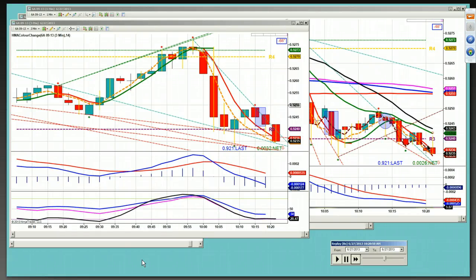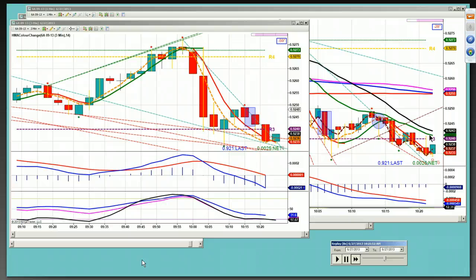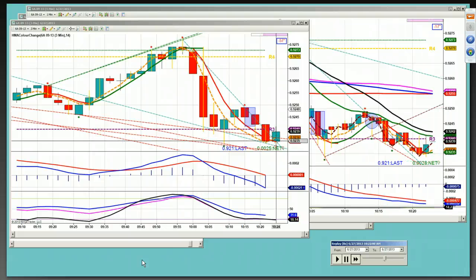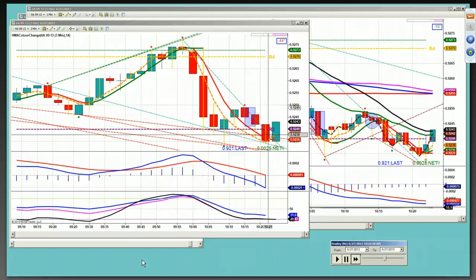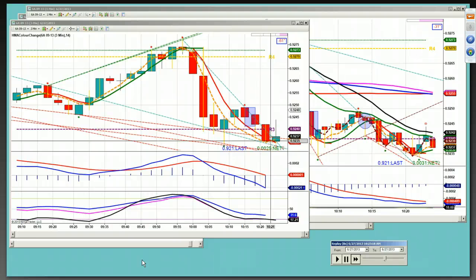So we managed to squeeze a little bit through the R3, finally now that the 13's catching up. But can you see all this time we're still above the HMA on the 3-minute chart? See how it's come down to the actual HMA and tested its support level. It's testing that level.